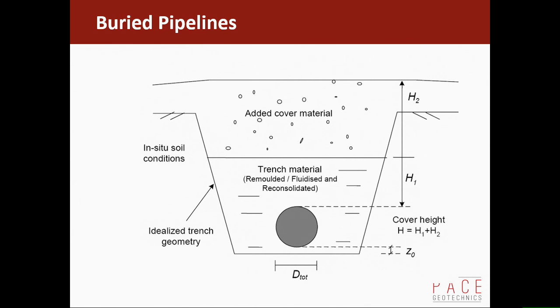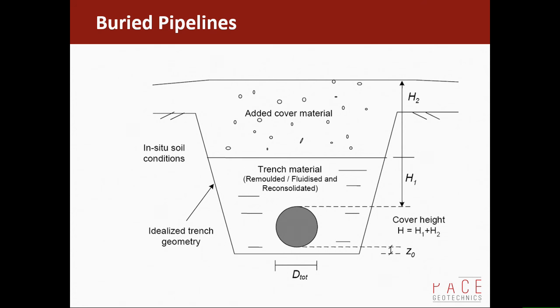So again, really, this is intended primarily for your notation. We always talk about the outside diameter of the pipe, including any coatings. So D or D tot is D total. They're both the same thing in effect.